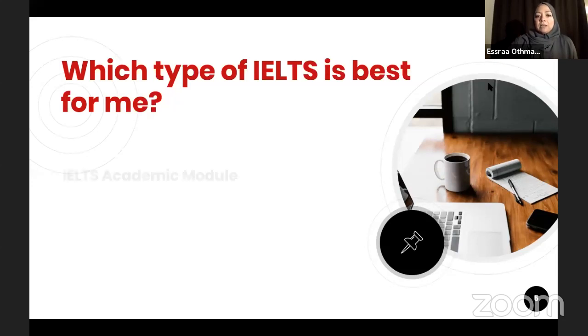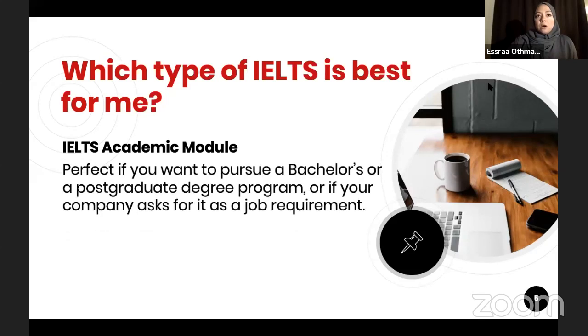The most common one is the academic module, and this one is perfect if you are willing to travel to study, whether for a bachelor degree or a postgraduate degree, or maybe a company asks for it, if you're going to work for a company that asks for such exams, maybe abroad.